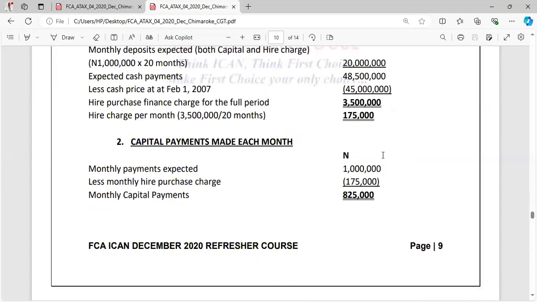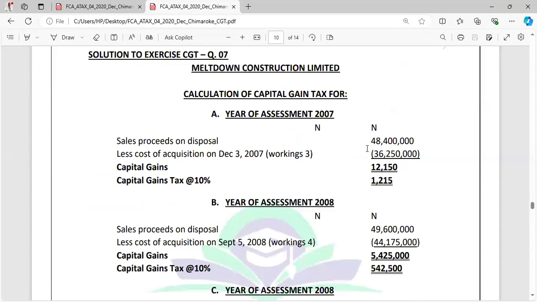When we remove this cost of acquisition from the sales disposal proceeds, we are left with capital gains of 12,150,000.